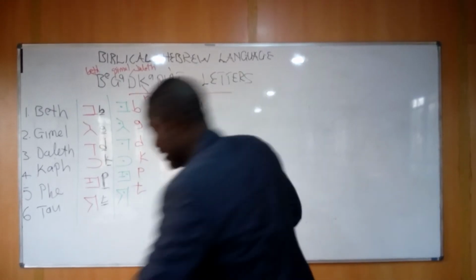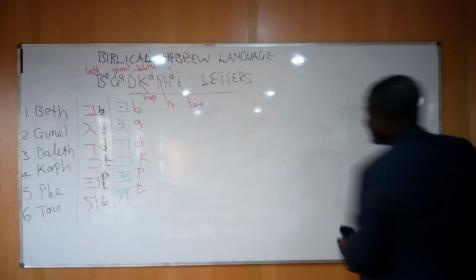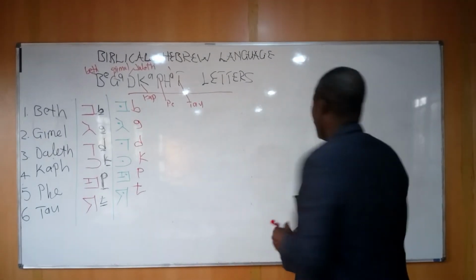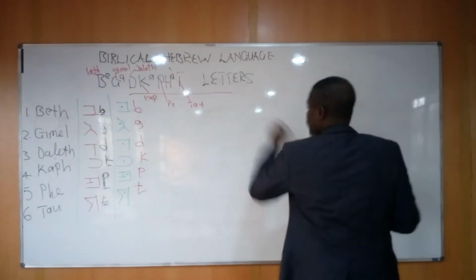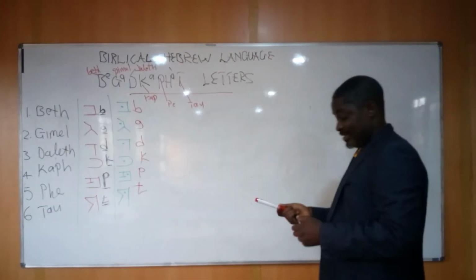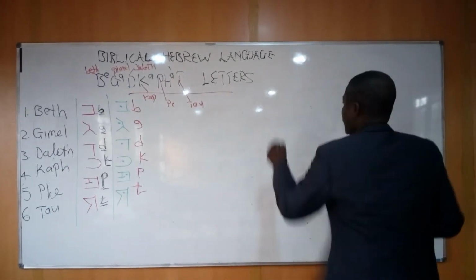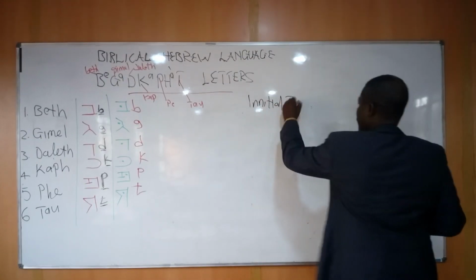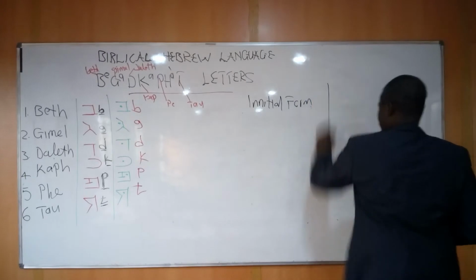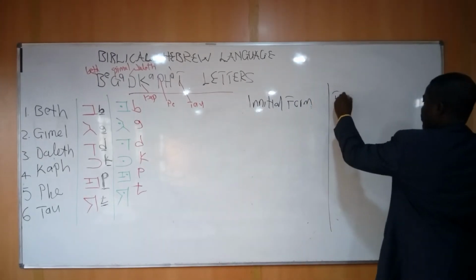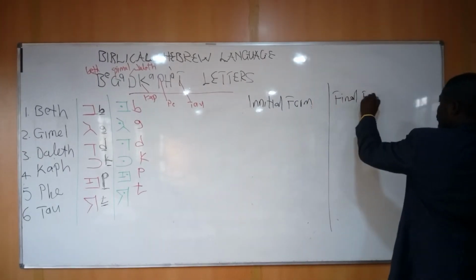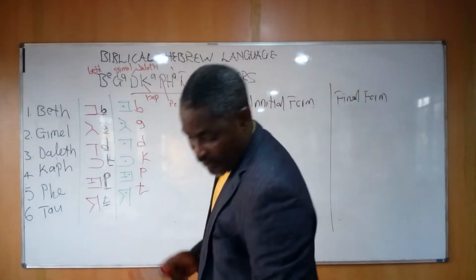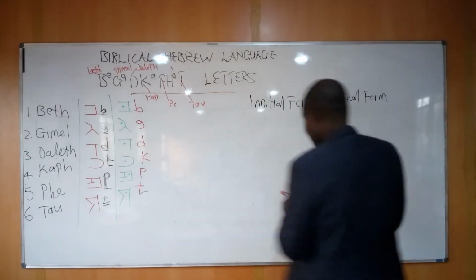Then another thing is that we have some other letters that we call letters with alternative forms. So you have the initial form, then you have the final form. There are about five letters involved, starting with Kaf.